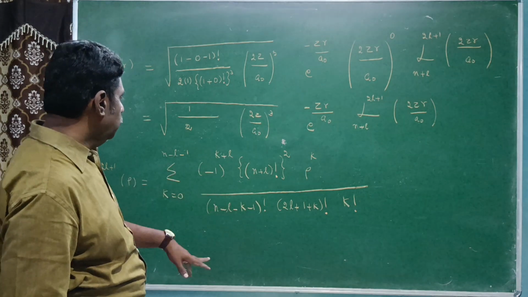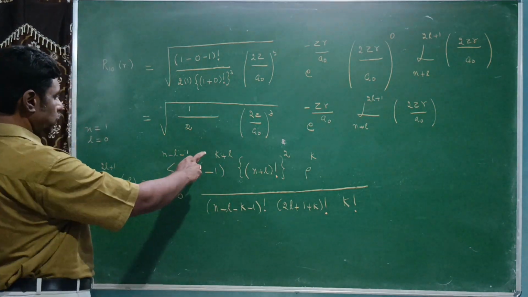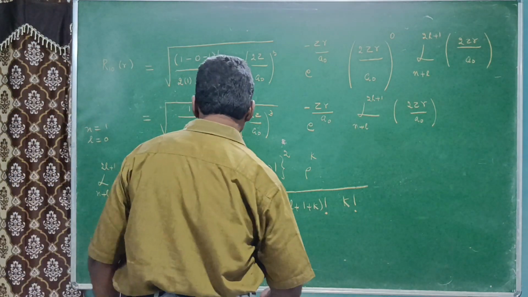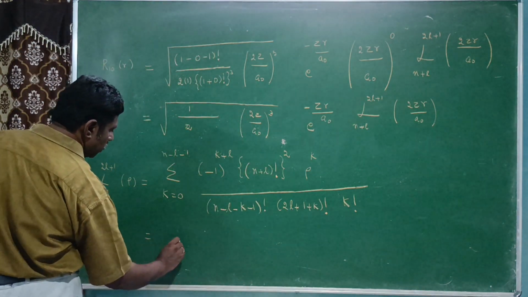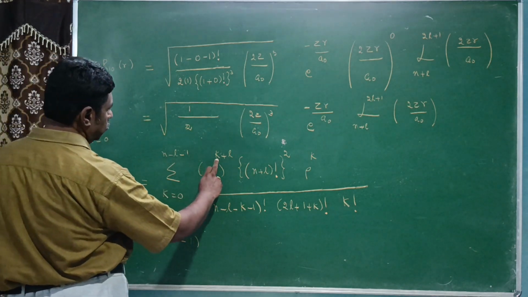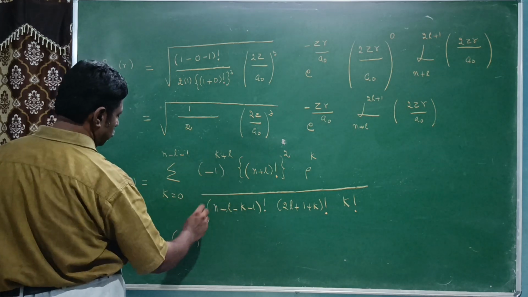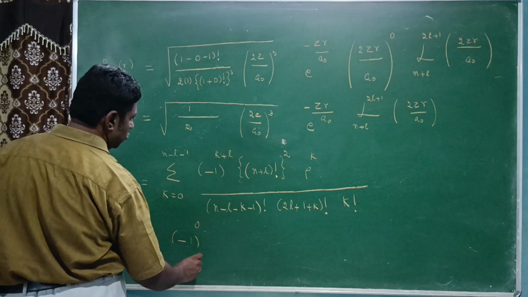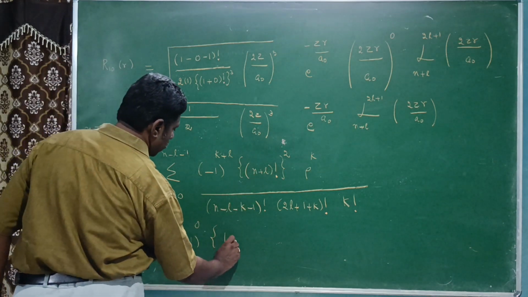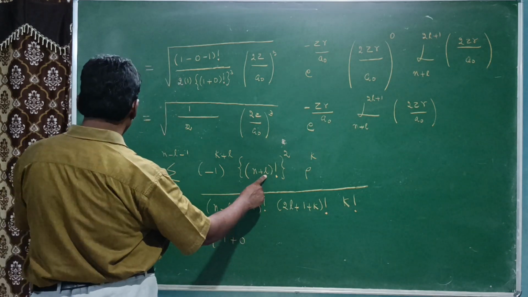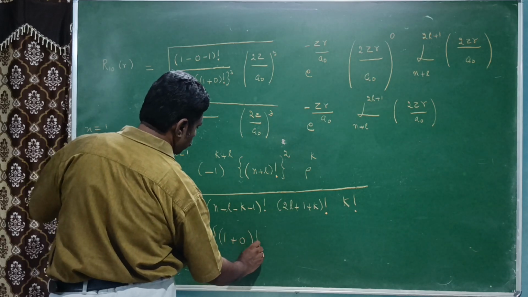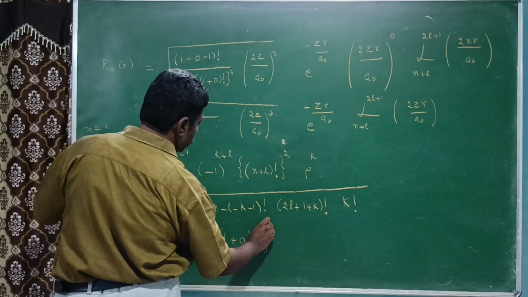In this equation, put the value of k equal to 0, l equal to 0 and n equal to 1. This is equal to minus 1 power, put k equal to 0, 0 plus 0, l is also 0, then n plus l, n equal to 1, l equal to 0, factorial square.